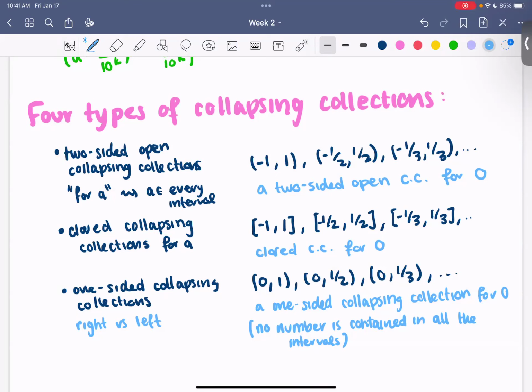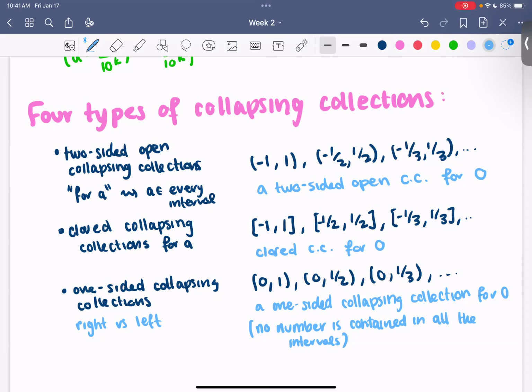So this will come up more when we're dealing with limits, because you might wonder what the limit is coming from one side versus the other side. Yeah, so we're going to use these for more than continuity. Other questions?